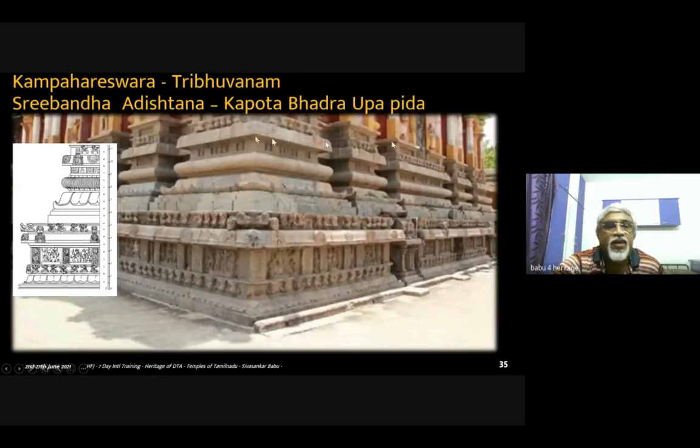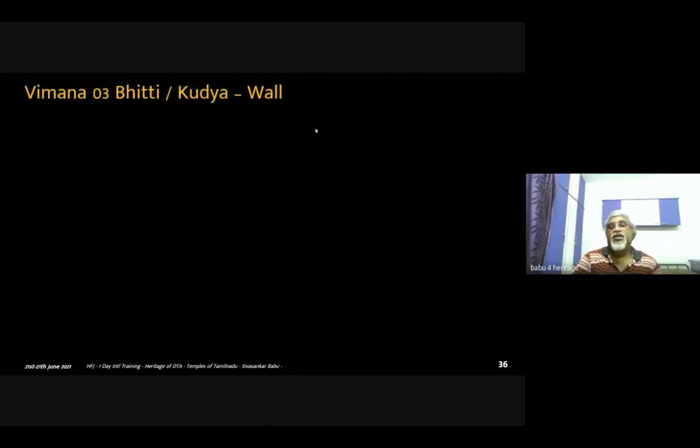Here as well as in Vedi. And on top of it, you have Kapota and you have the Vyalavadi. So this is how the four major components of Vimana look like. After this, we will briefly cover the wall portion for some time and stop at this point.